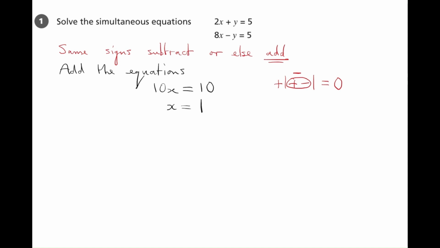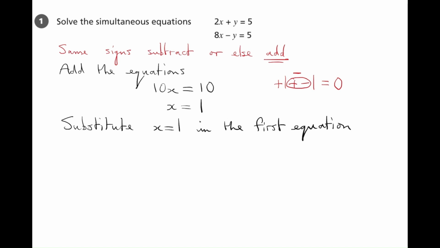Now that we have the value of one of the letters, we substitute this value into one of the two equations. So we substitute x equals 1 in, and we're going to choose the first equation. So if we write the first equation out, we have 2x plus y equals 5.